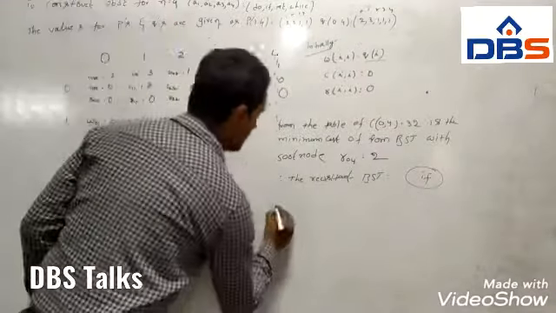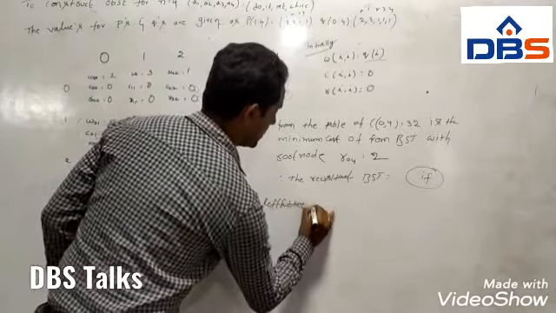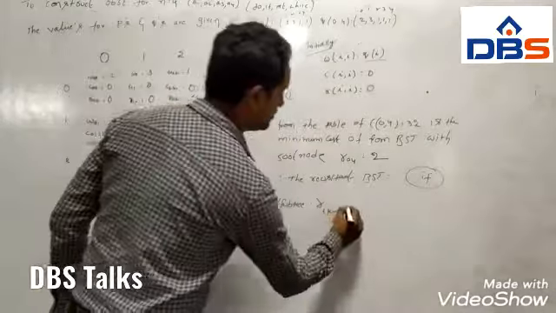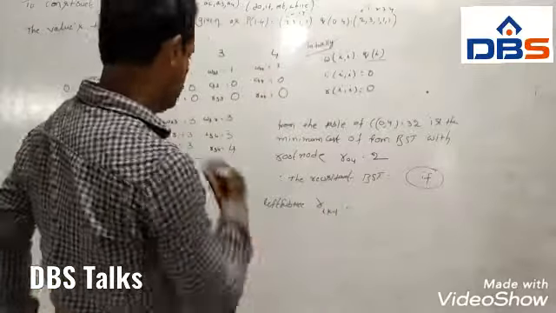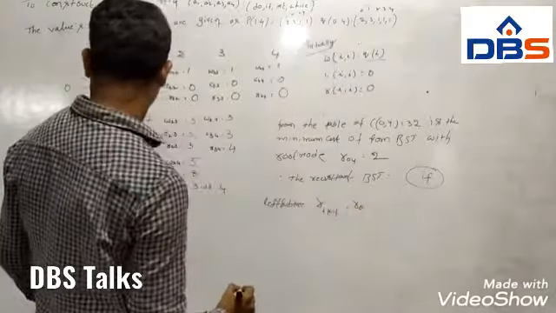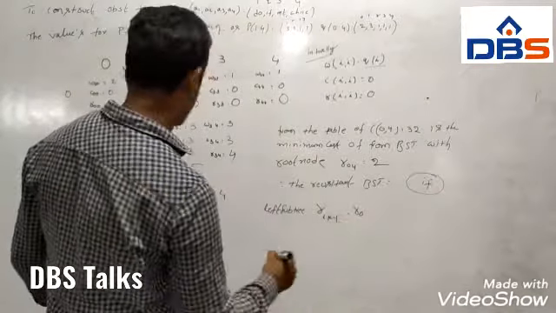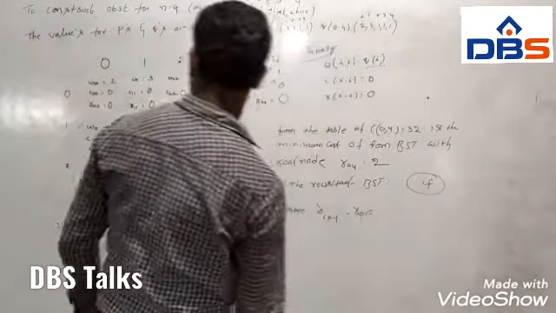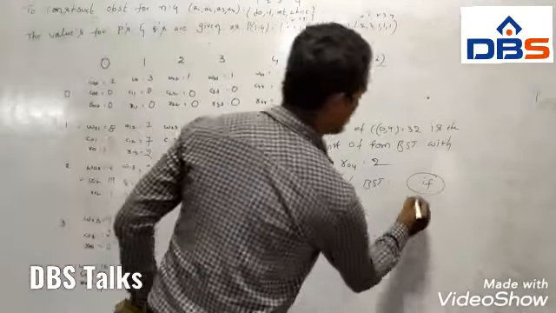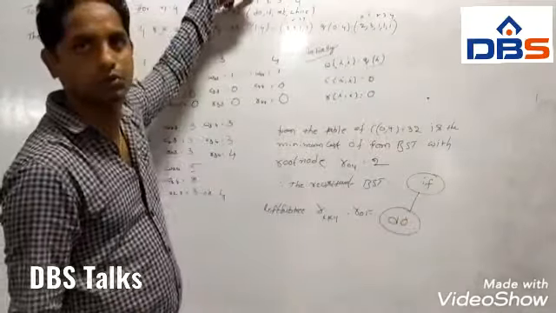So we can construct left subtree that equal to R of i, k minus 1, that equal to R of 0, K equal to 2, so R of 0, 1 equal to 1. So 1 is the subtree, that is do.